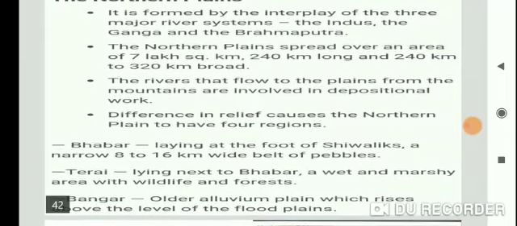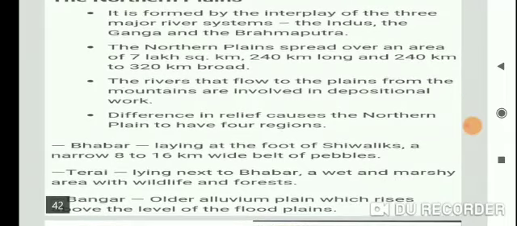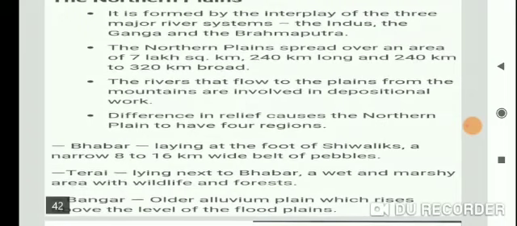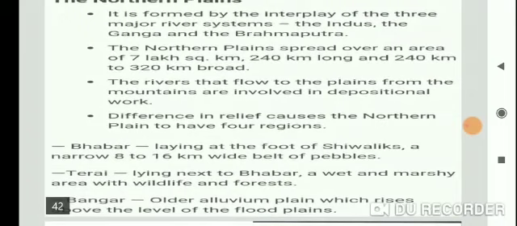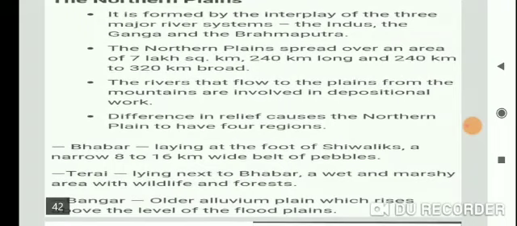Now next, Terai. Terai is south of the Bhabar belt. The streams and rivers re-emerge and create a wet, swampy and marshy region, known as Terai. Earlier it was thickly forested with a lot of wildlife, but now most of the forests have been cleared for agricultural land and to settle the migrants from Pakistan after independence.